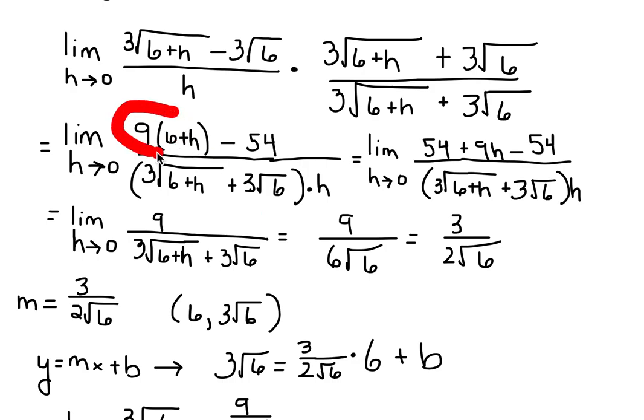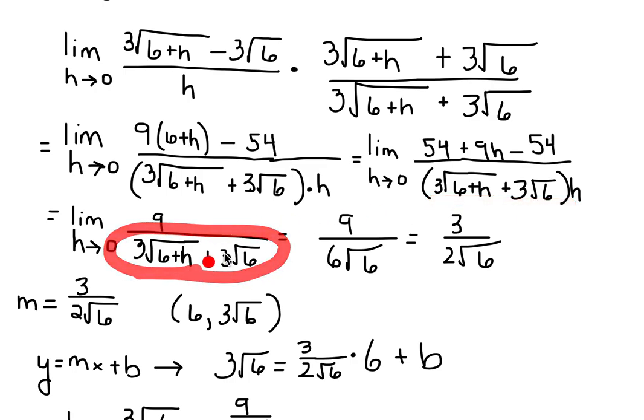So now I have 9 times 6 plus h minus 54. I'm going to distribute this 9 here. So that gives me 54 plus 9h minus 54. The 54s drop out, and I'm left with this still in the denominator. And then I'm left with a 9h on top.